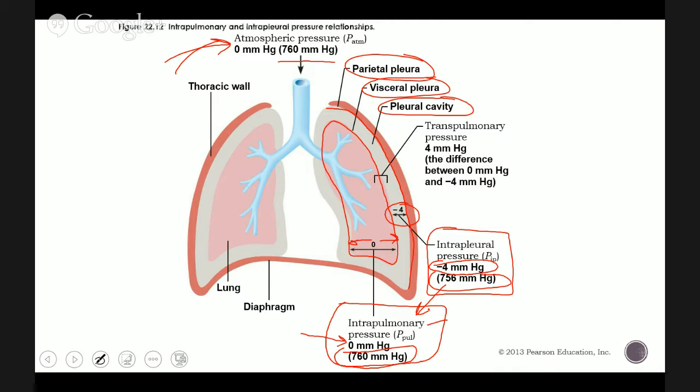So one of the more readily available examples of suction that we use is drinking from a straw, right? So what's happening when you are drinking from a straw? Think about what's happening inside your mouth.